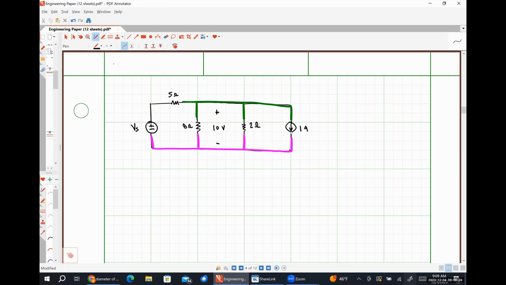So if I have the voltage drop across the 8 ohm resistor and I have the resistor value of the 8 ohm resistor, what does Ohm's law tell me I can find? Current. Okay, so what would it be? Depends on what direction I define my current as. Let's assume we're looking at a current flowing down.